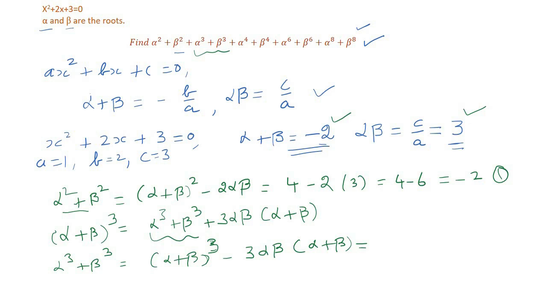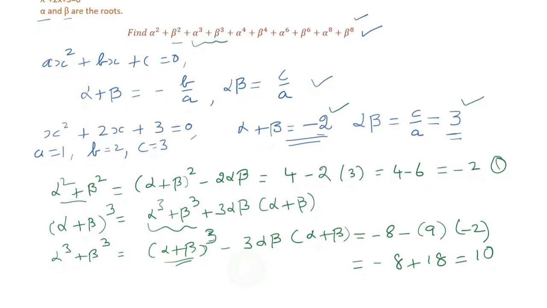So this is equal to, we know alpha plus beta is minus 2. Therefore, this would be minus 2 cube, which is minus 8. Then minus 3 alpha beta, that is 9, into alpha plus beta, which is minus 2. So you simplify this, you get this as minus 8 plus 18, which is equal to 10.